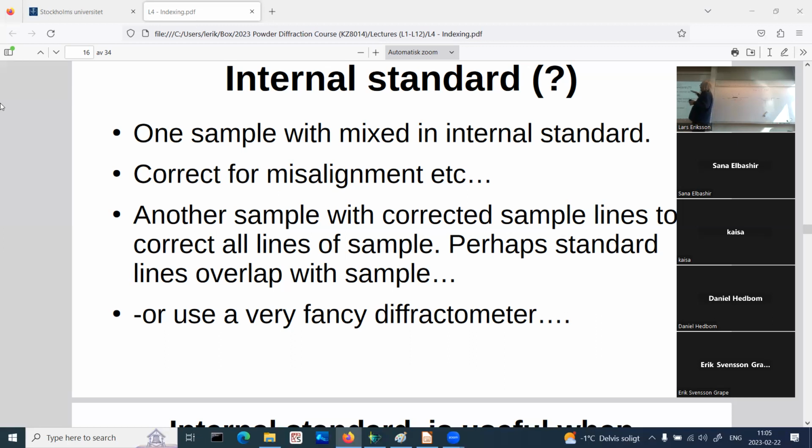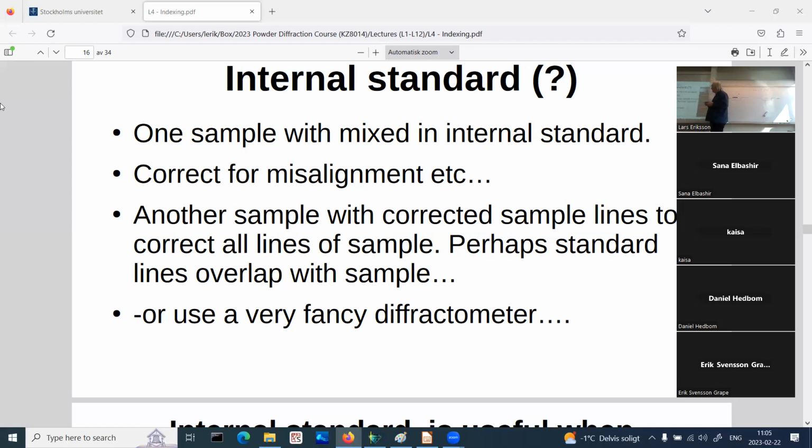And if the peaks from the standard sample overlap with your sample, then you perhaps need to record another sample. But then you can use the other peaks as standard peaks and correct the other lines.